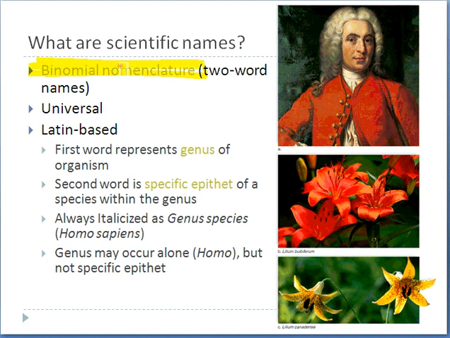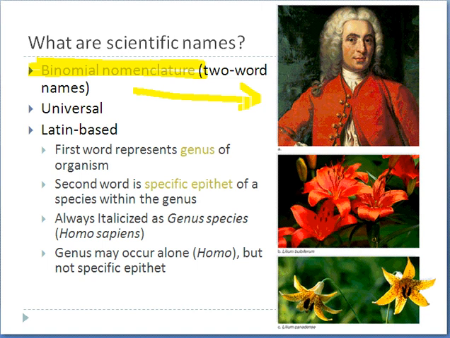Bi means two, nomial or nom means name. It's a two-name naming system that was developed by Carolus Linnaeus in the 1700s, and it's universally used as the means by which we identify organisms. It's based on the Latin language, which is why it has all the us's on the ends and funny plurals, like the difference between phylum and phyla.